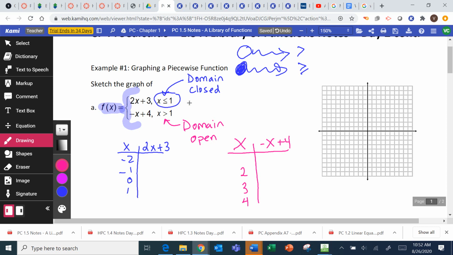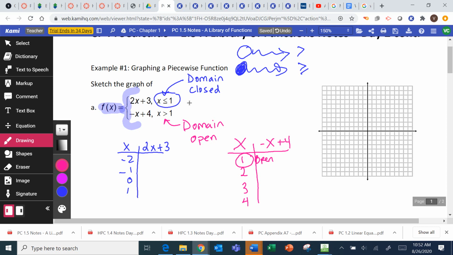All right, now I left a space when you said 2, 3, 4 because I do want to know where it is at 1, but it's going to be an open dot at 1. It's not going to actually equal 1. It could equal 1.00000000001, but it can't equal 1. So that's why we're going to have an open dot. So I do want to put that in there.